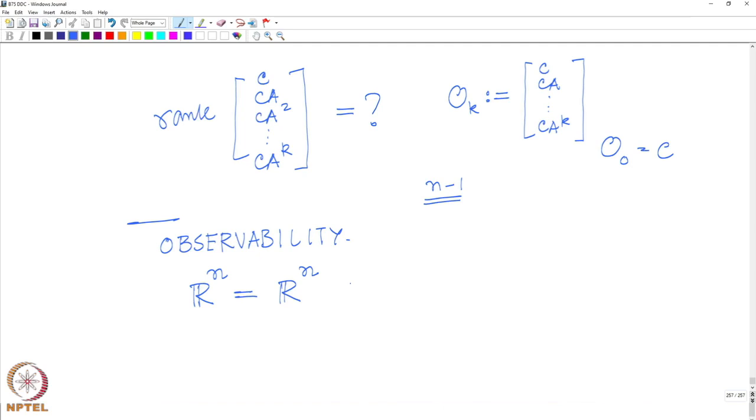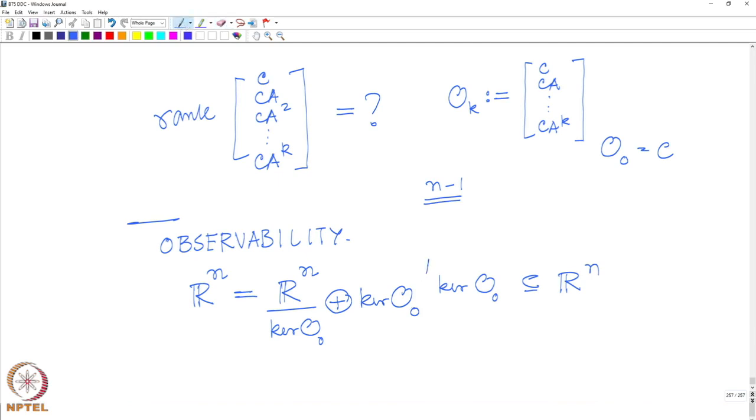Now notice, if I look at the kernel of O_0, the null space of O_0, then the kernel of O_0 is a subspace of R^n. And what we have seen before, if you quotient R^n by the kernel of O_0, then this direct sum with the kernel of O_0 is a direct sum decomposition of R^n.